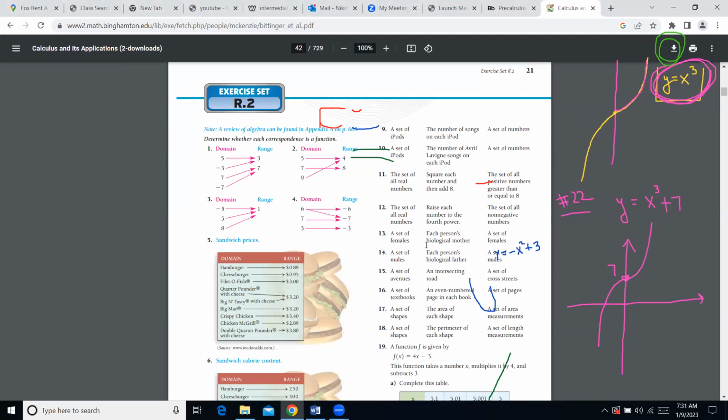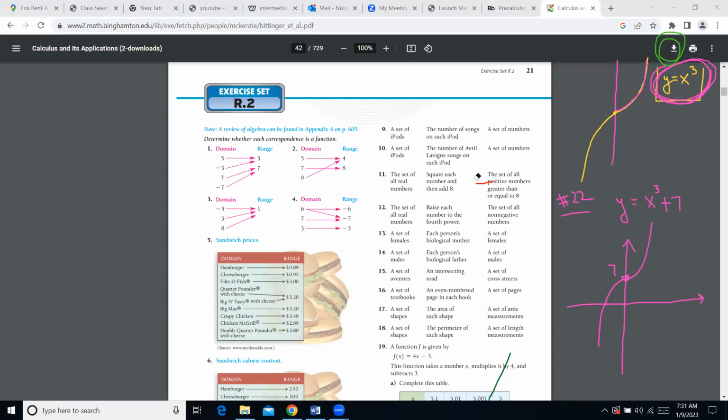The first page is talking about those functions and not functions. It wants you to decide, is this relation a function or not?